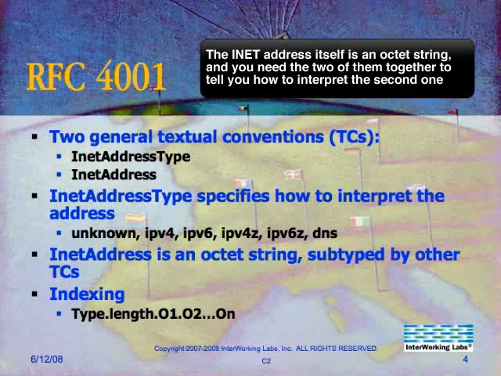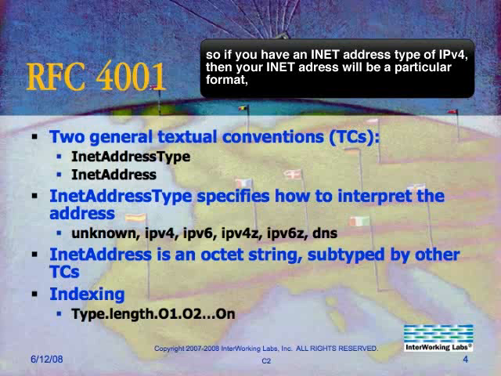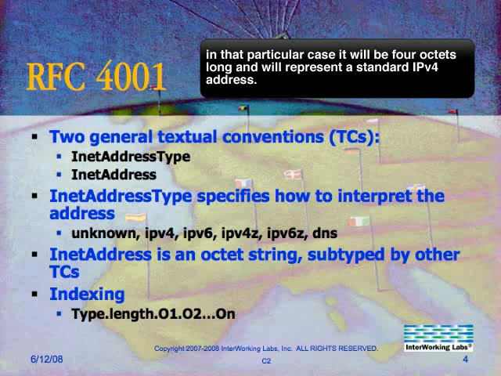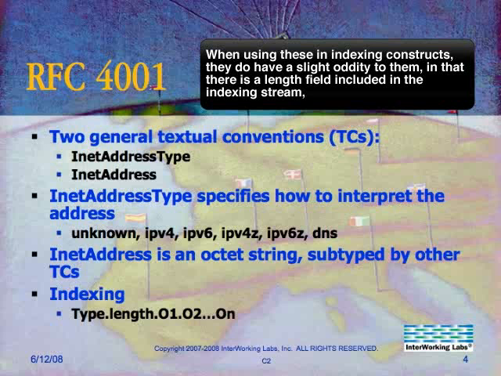The InetAddress itself is an octet string, and you need the two of them together to tell you how to interpret the second one. So if you have an InetAddressType of IPv4, then your InetAddress will be a particular format. In that particular case, it'll be 4 octets long and will represent a standard IPv4 address.